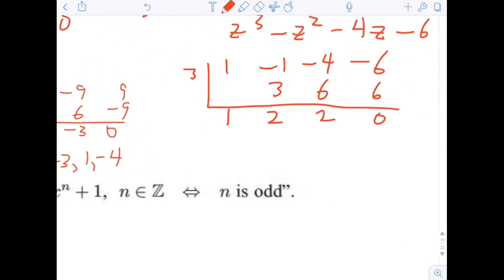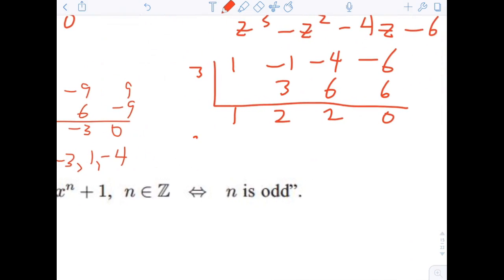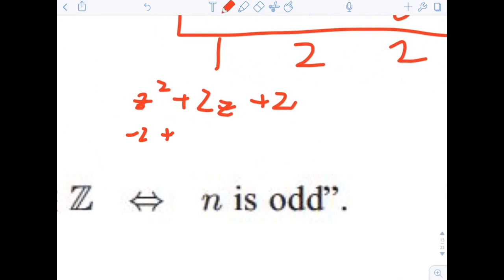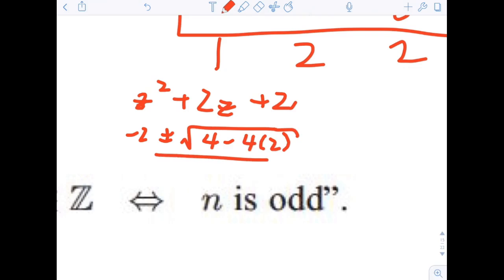So the second quadratic we get would be z squared plus 2z plus 2, and we'd have to use the quadratic formula for this one. So negative 2 plus or minus the square root of b squared minus 4ac, divided by 2.